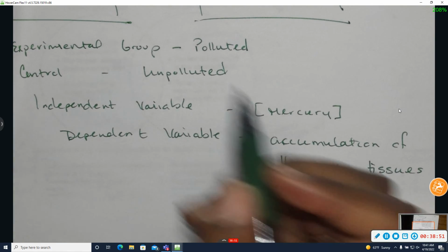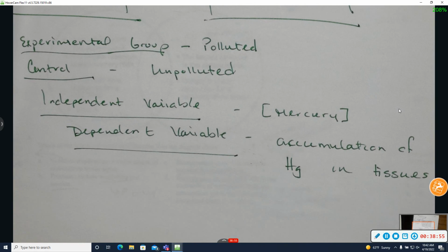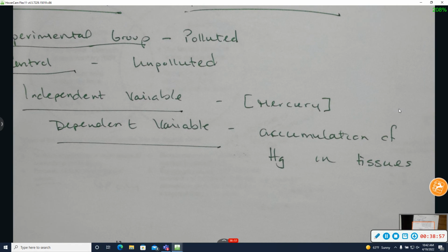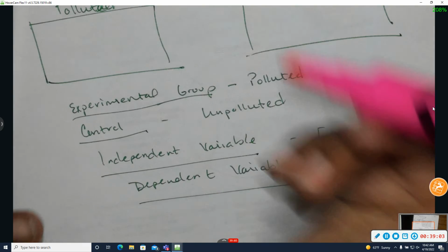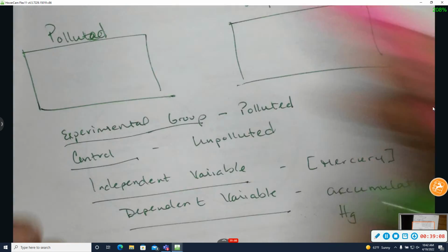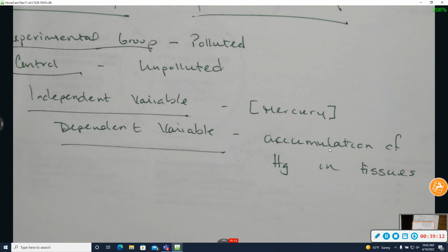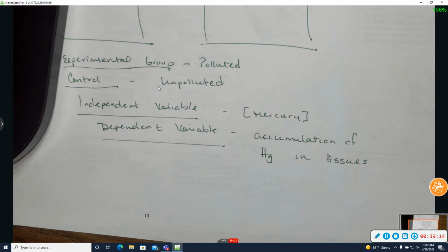Okay, make sure you can identify experimental group, control, independent, dependent variables. Okay, so the answer to this question was A. Okay, there you go. Alright, so whatever you got wrong, make sure that you review.